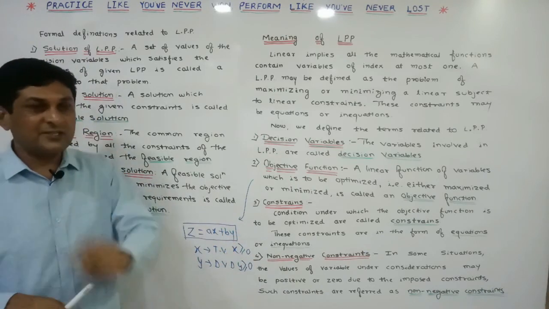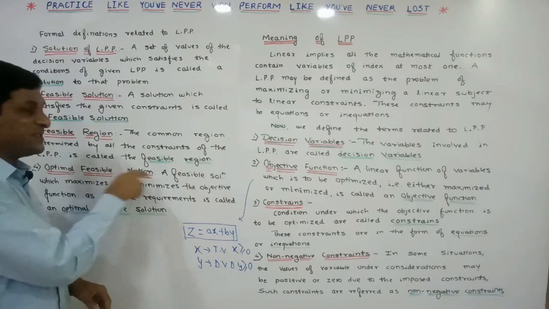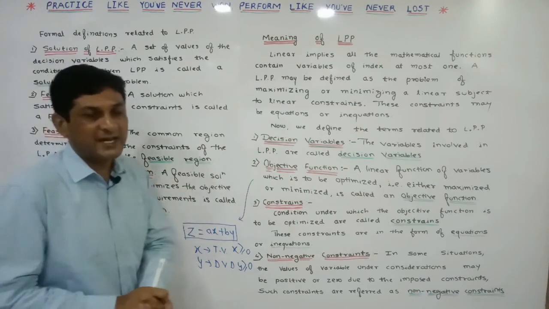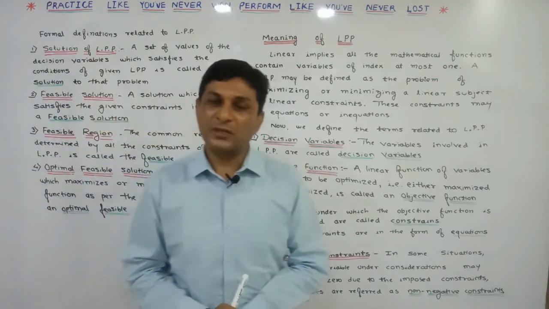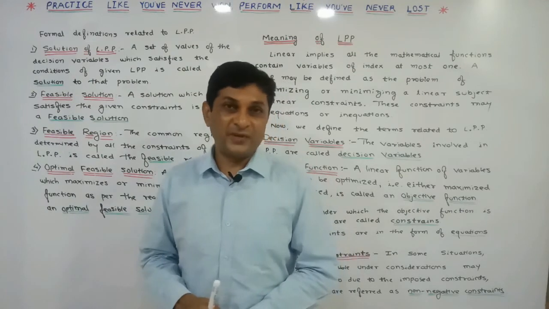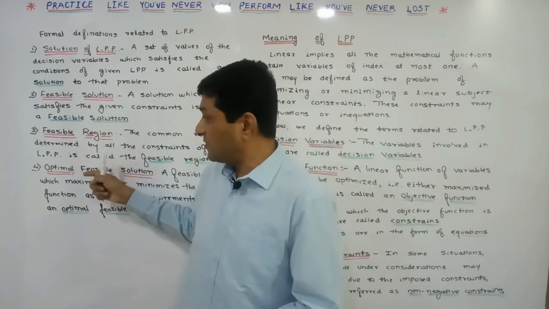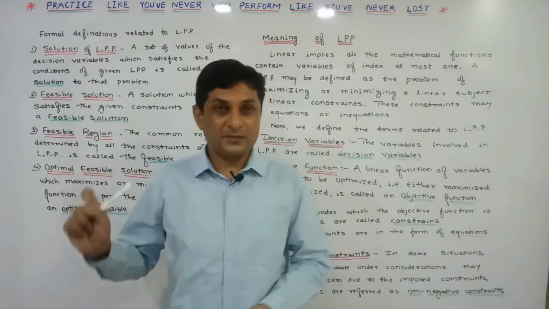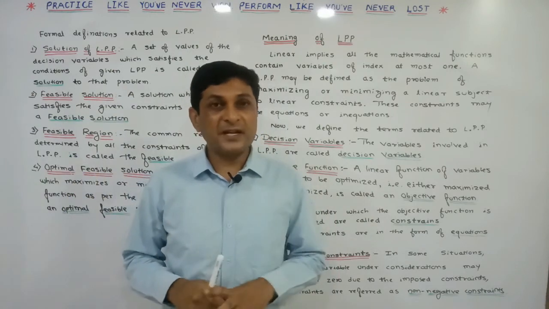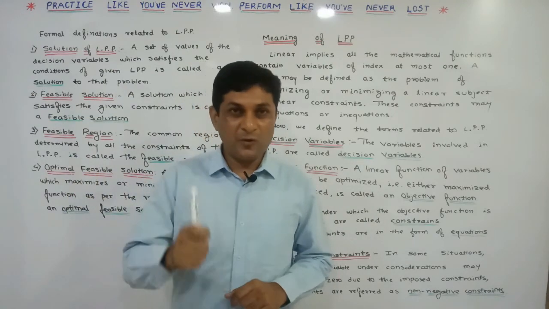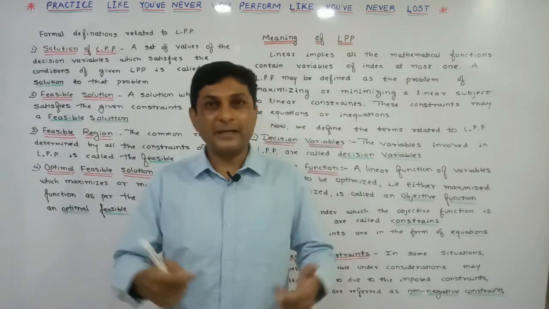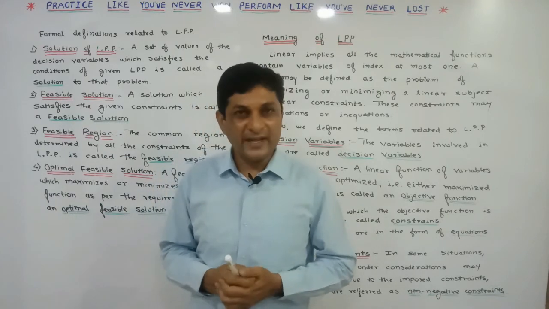That point is called the optimal feasible solution. These are very important definitions, and the words are also new: feasible region, optimal feasible solution. So try to understand and note down all these definitions. Again, it will get clear while solving the examples.